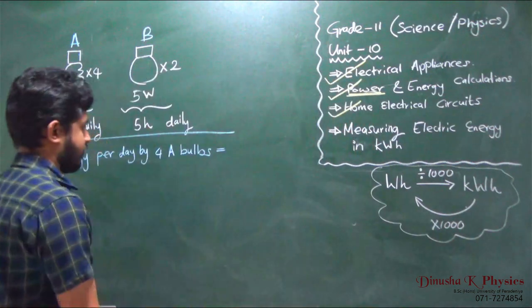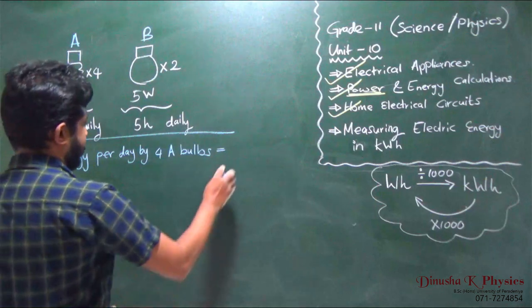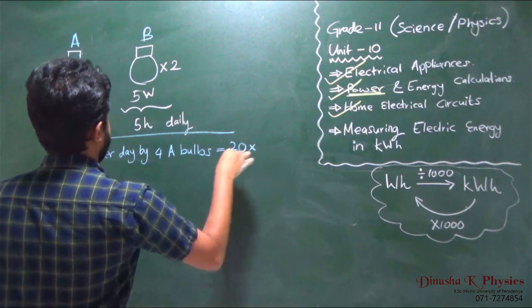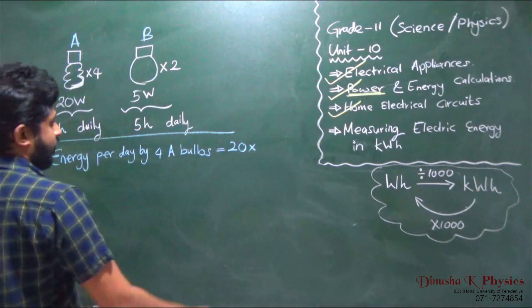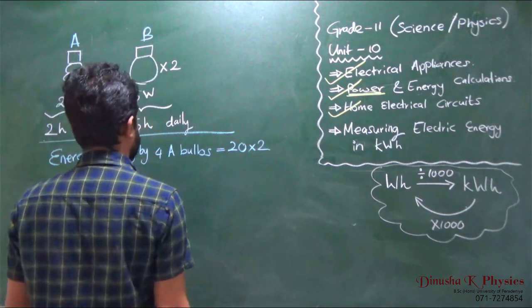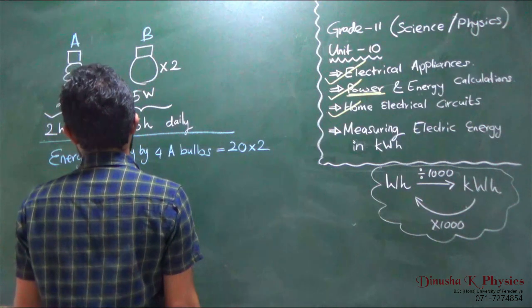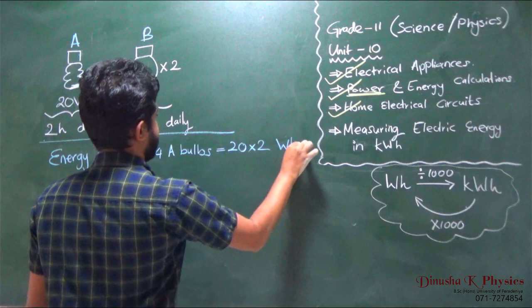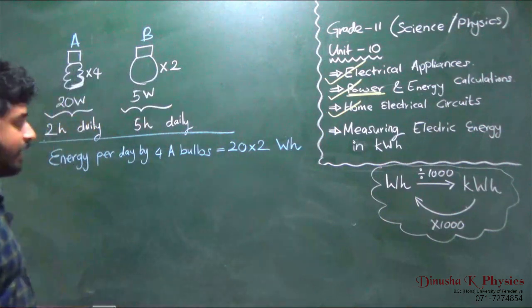So the power is 20, and if you multiply by the hours, that is 2 hours, I will have the total energy in watt hours per day.